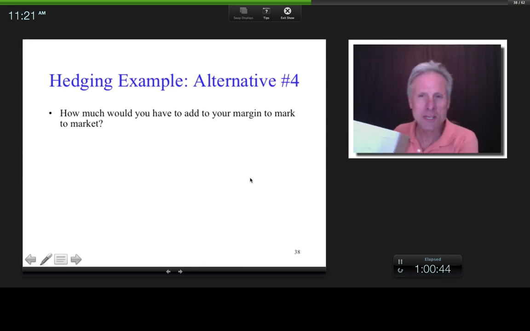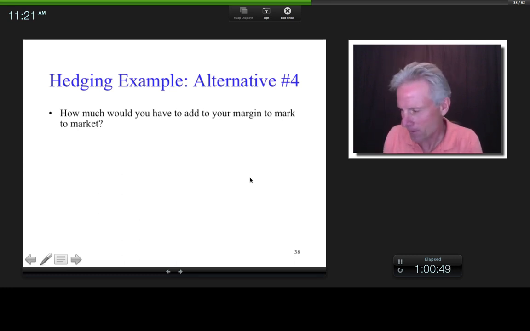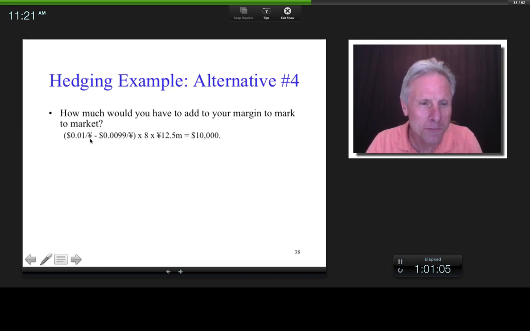So could I use the same logic here? Could I see how much the futures price has gone down to my disadvantage, look at the difference, and then apply it to the number of yen I've locked in? I could. Here was the futures price that I locked in.